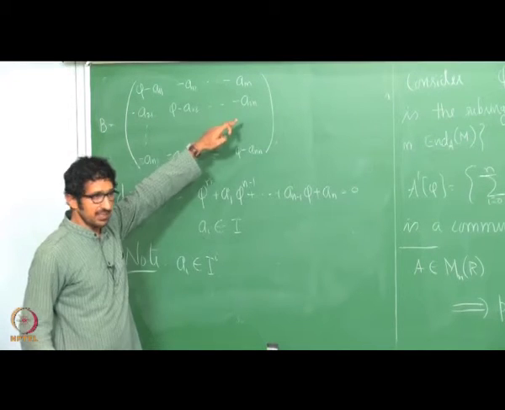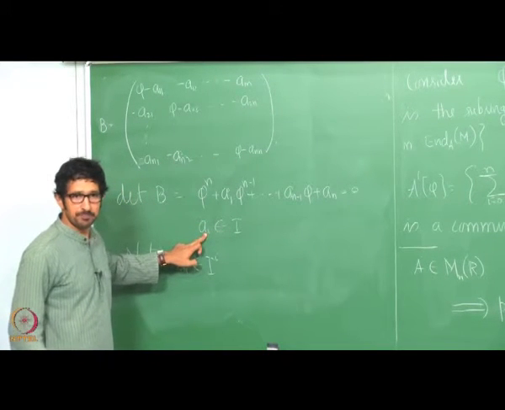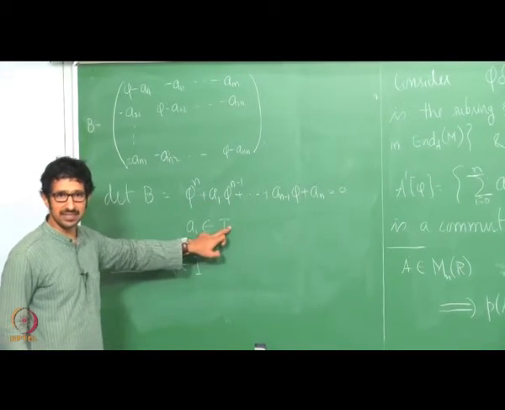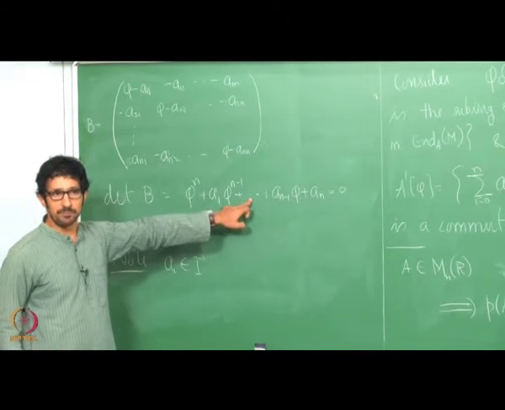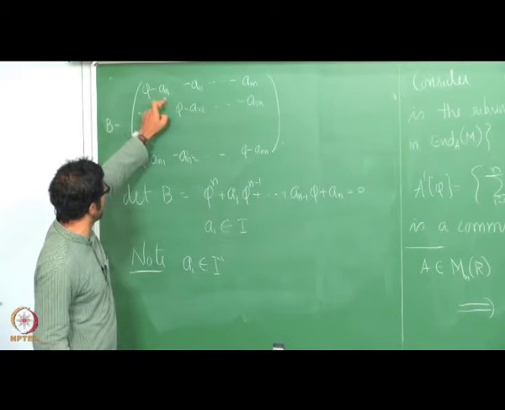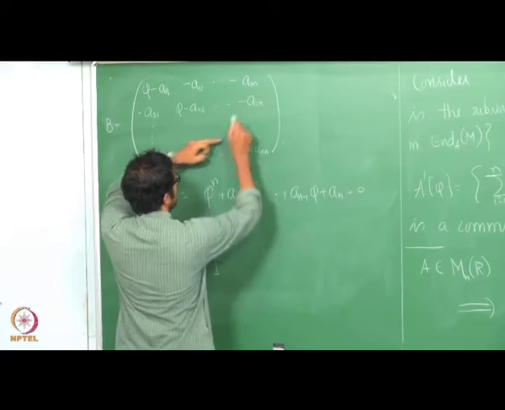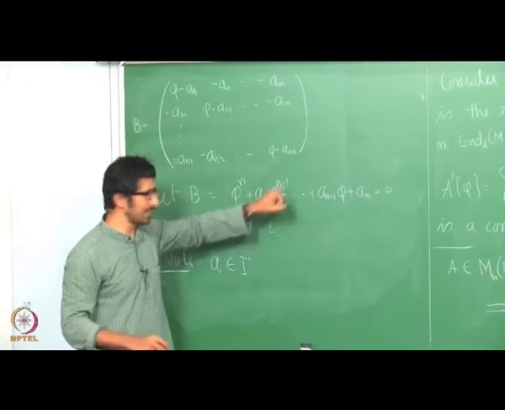So that a_ij will come from I, so a1 belongs to I. Now, let us look at φ power n minus 2.